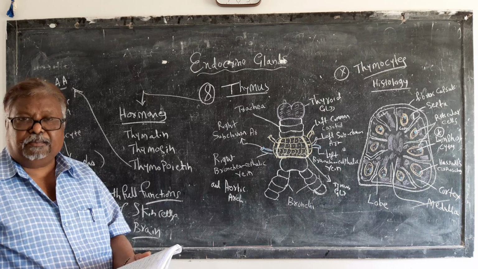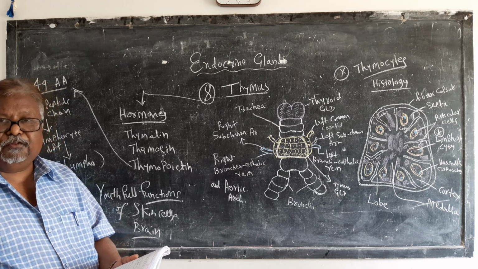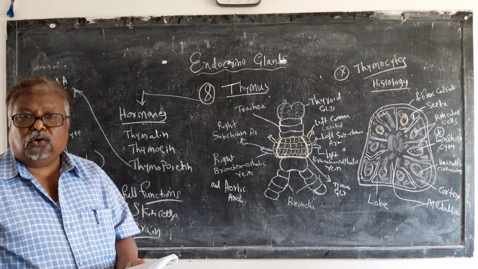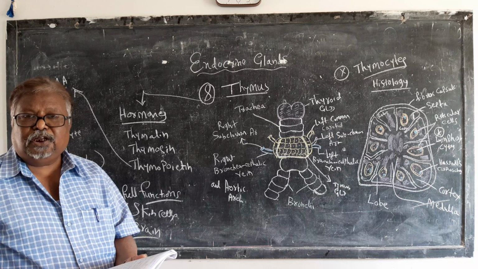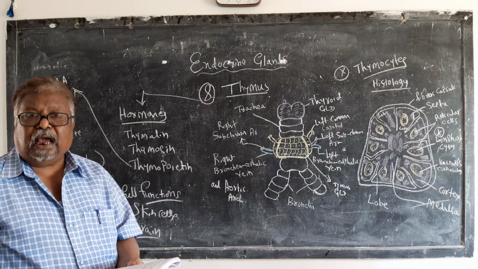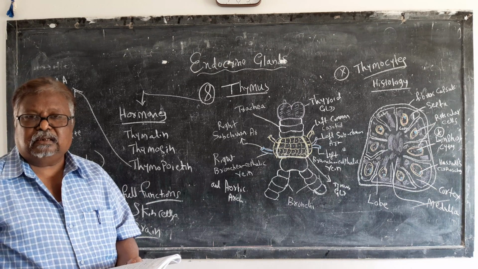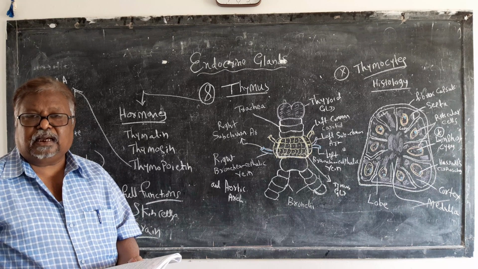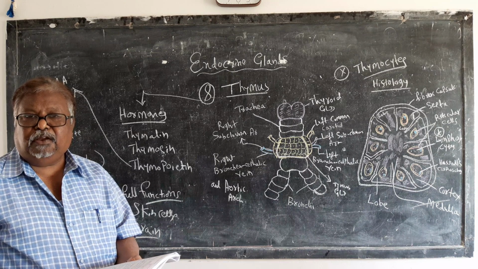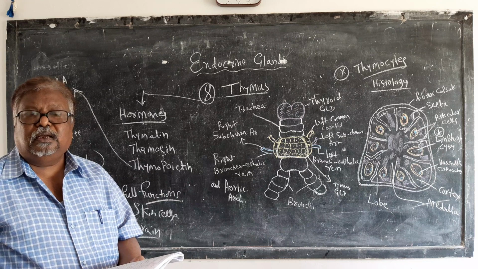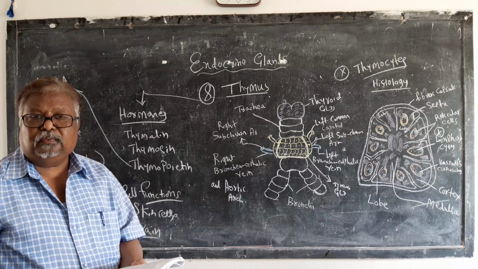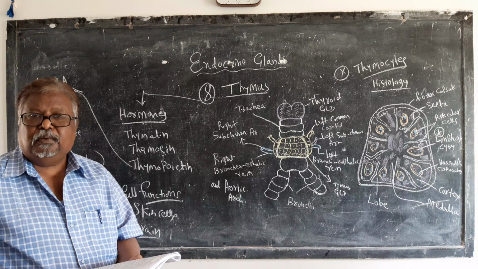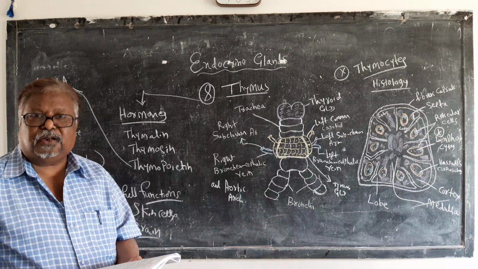The testis in the male and the ovaries in the female are no doubt male and female reproductive organs which produce the gametes or sex cells, and these sex cells carry the characters of the male and the female and join together to form the oocyte or the egg, and this gives the next generation.